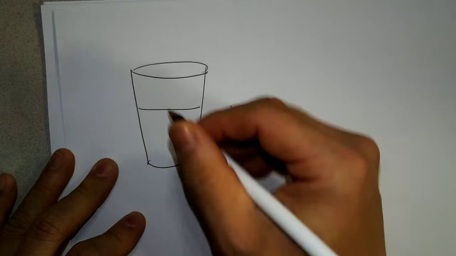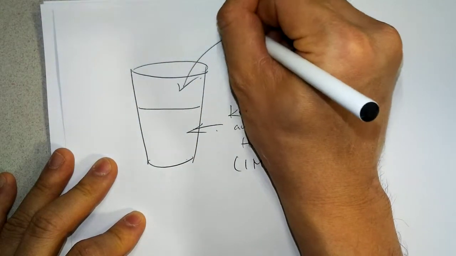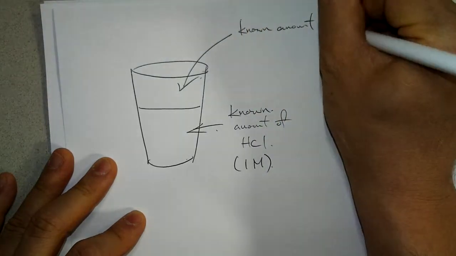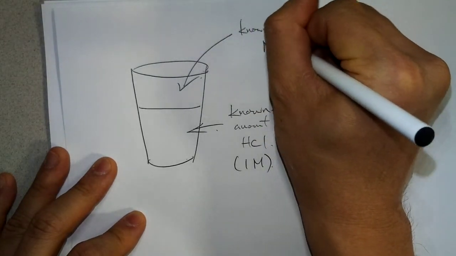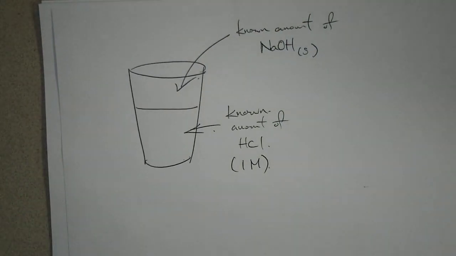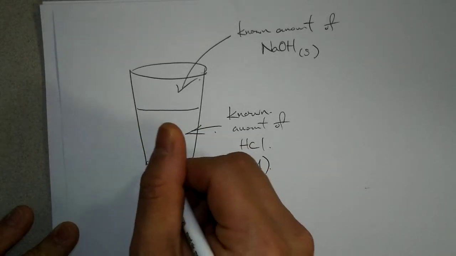Now, you're going to also add a known amount of sodium hydroxide. It will be in solid form. Now, when you mix these two things together, as I said before, the neutralization reaction will happen.